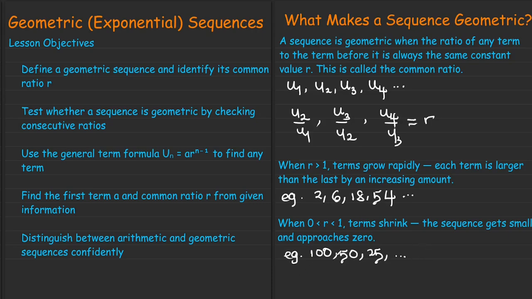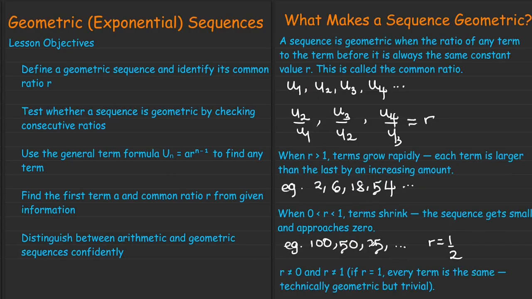So in this case, R is 50 divided by 100, which is 1 over 2, or 25 divided by 50, which is also 1 over 2. And as you can see, it is reducing in magnitude from 100 to 50, 50 to 25, in that order.